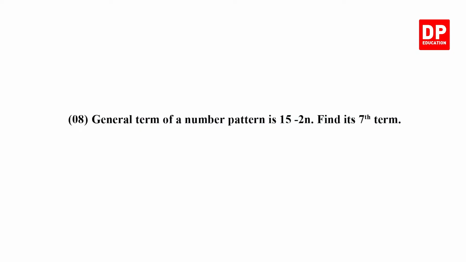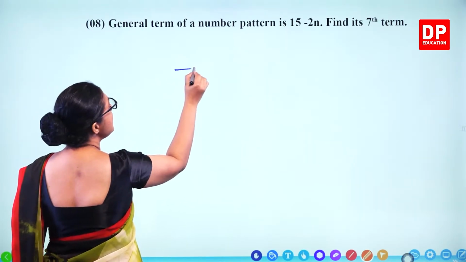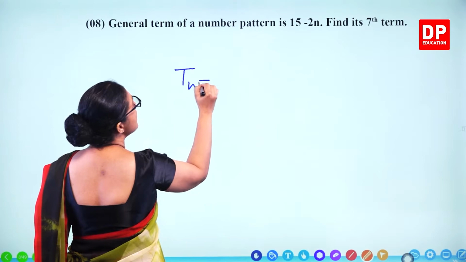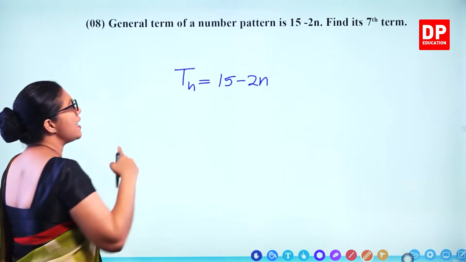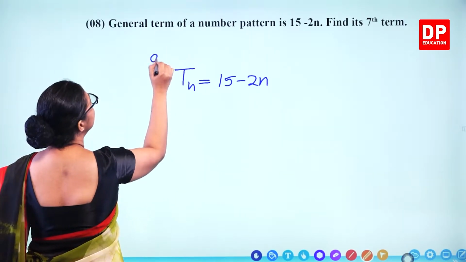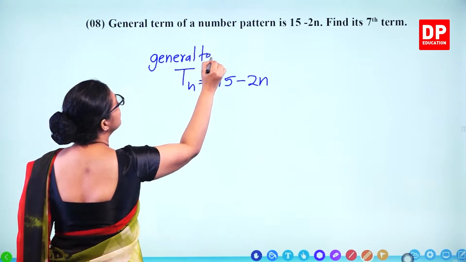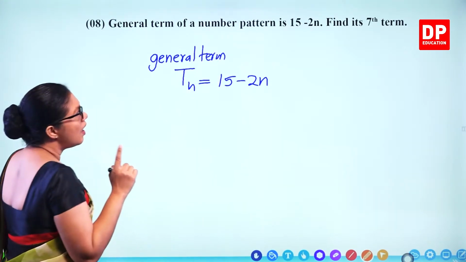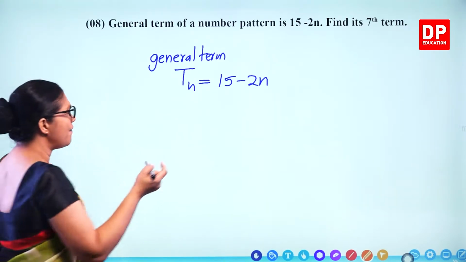Question number 8. General term of a number pattern is 15 minus 2n. We write tn, nth term. Or you can write general term. Find its 7th term. So that means n equals 7.